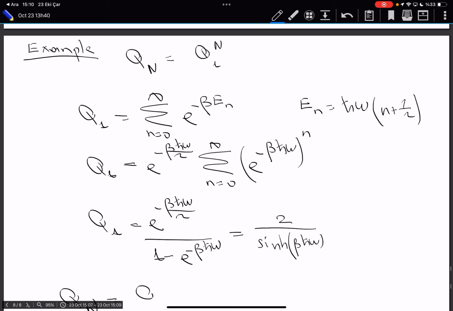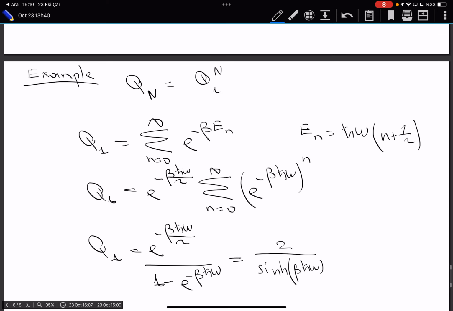Is that n particles or n excitations of one particle? In this case, I am looking at n harmonic oscillators. You see here, I am summing over all the excitations of one oscillator, and then I obtain the partition function of n oscillators from that partition function of one of them. But I don't divide by n factorial. It again comes down to whether you can distinguish the harmonic oscillators or not.